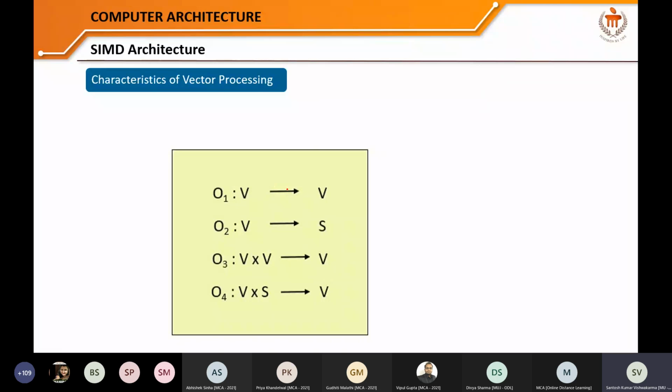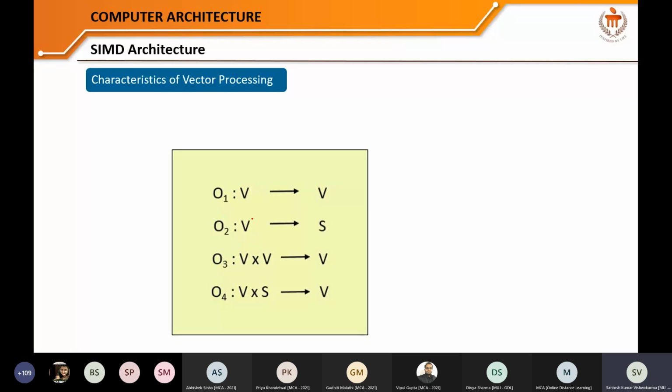Now we have seen there may be four major functions or features of vector processing. One, if the input is a vector, the second may be vector; I have taken the example of the complement. Now suppose there are vector elements and we want the maximum element, that will be a scalar. V2S is one example of that.